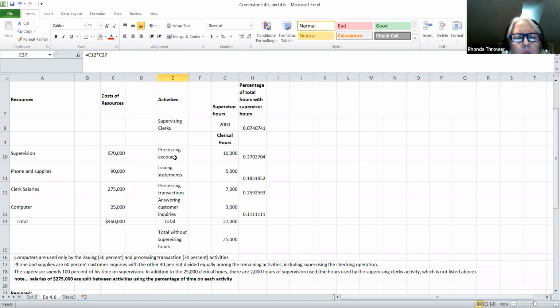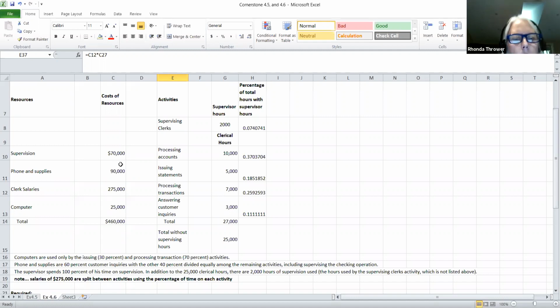Again, we are going to be applying our overhead to our activities. So we're going to be distributing the cost of these resources. This is our overhead right here. The cost of each one of these resources, we're going to be distributing based on what drives those costs.